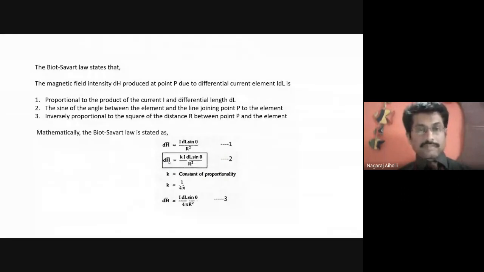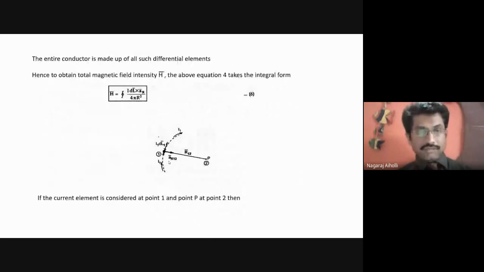Accordingly, we wrote the mathematical equation and found the magnetic field intensity in differential form: dH bar is equal to I dL bar cross R bar divided by 4 pi R cube, or dH bar is equal to I dL bar cross aR bar divided by 4 pi R square ampere per meter. And also in integral form: H2 bar is equal to the closed integral of I1 dl1 bar cross aR12 bar divided by 4 pi R12 square ampere per meter.